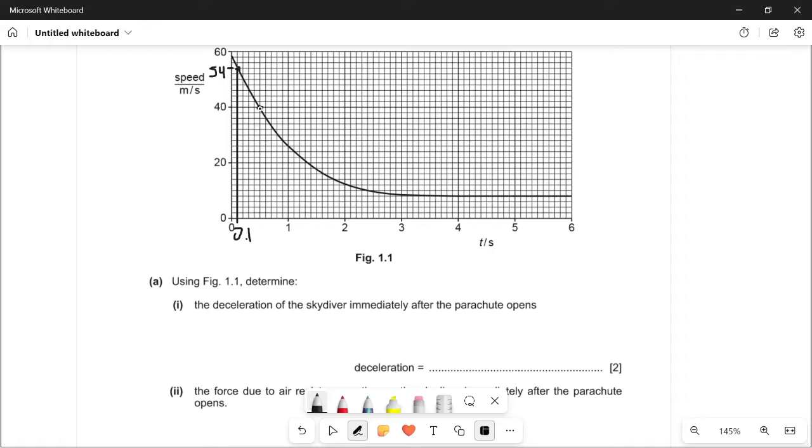And when we go down for our next coordinate, this is going to represent 0.1, 2, 3, 4, 5. This is going to be 0.5. So our coordinates are 0.5, 40, and 0.1, 54.